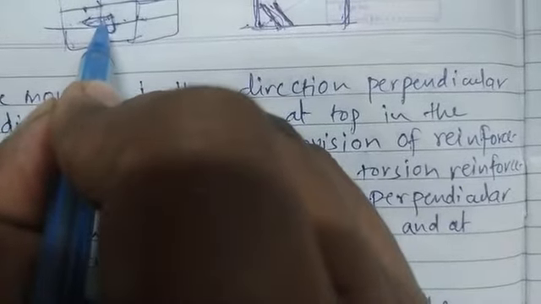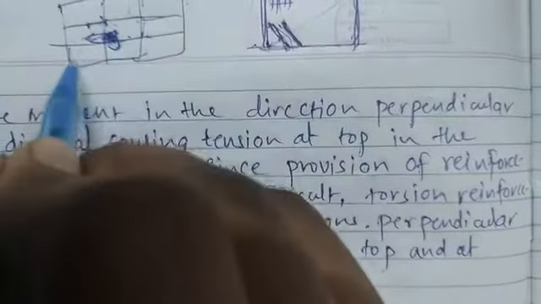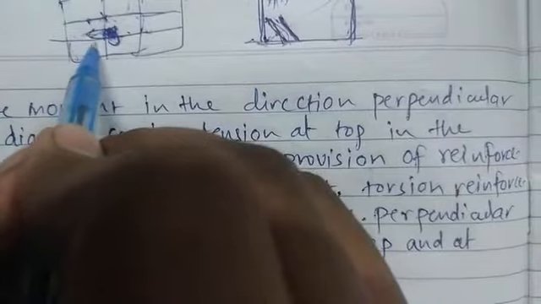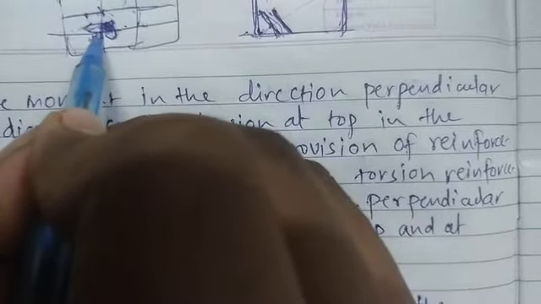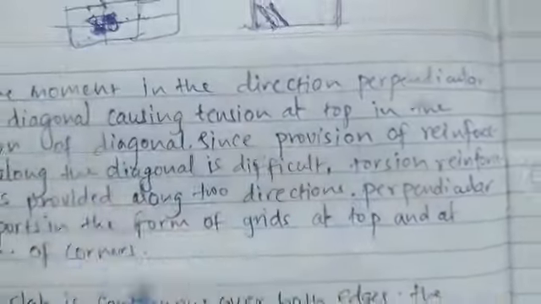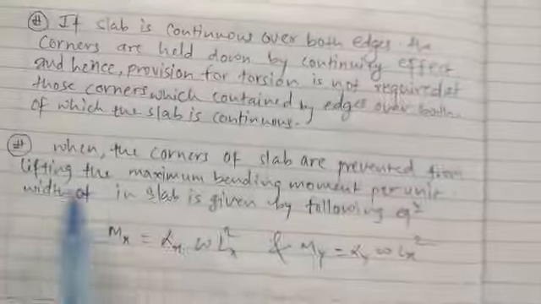So that's why we need not provide the torsion reinforcement at this corner or this corner. For this slab, these two corners are continuous, so we will not provide torsion reinforcement at this corner because it is continuous in both directions. Okay, so that is the case here.